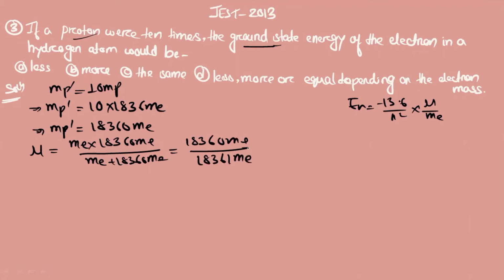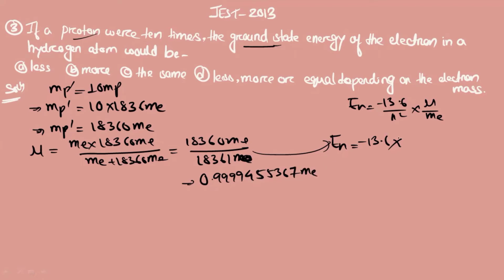So when you put this value here, En will be equal to minus 13.6 into this term. When you divide, you will get the value to be 0.99994 and so on.